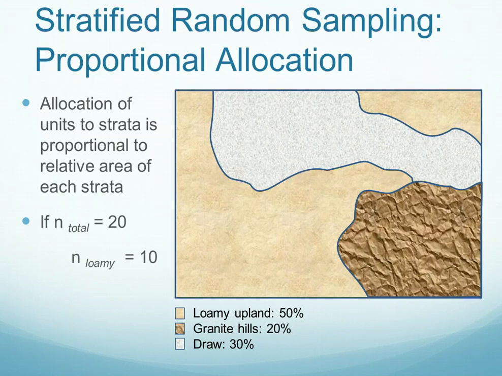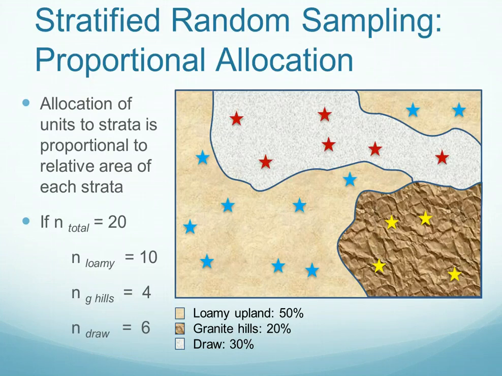For example, if we need a total sample size of 20 and the loamy uplands is 50% of the total area, we would allocate 10 units to loamy upland. Granite Hills is 20%, it would get 4 units, and the draw would get 6, representing 30% of the total number of sampling units.